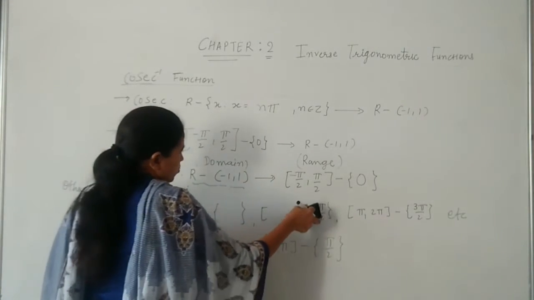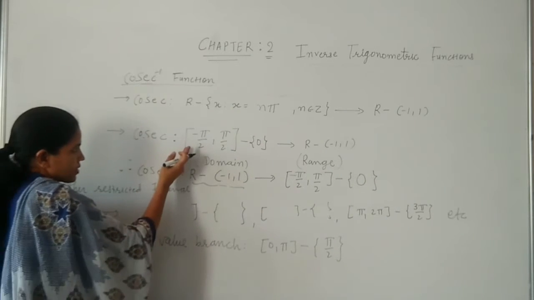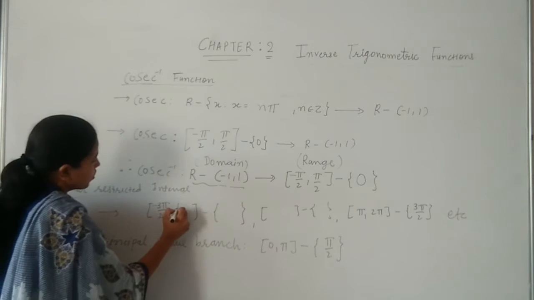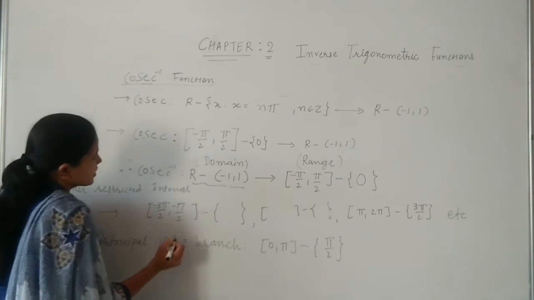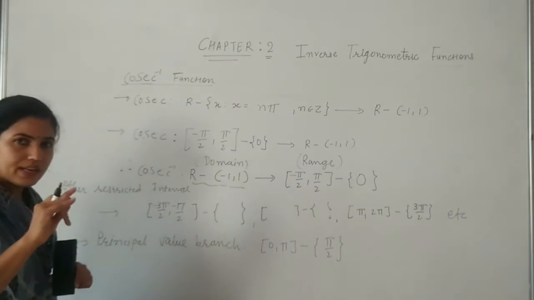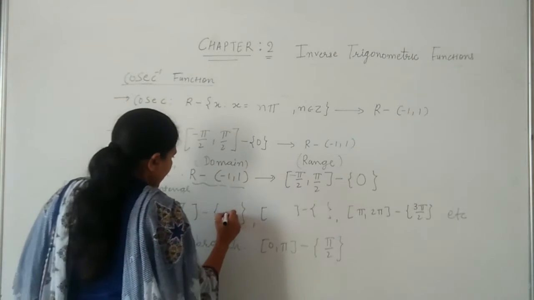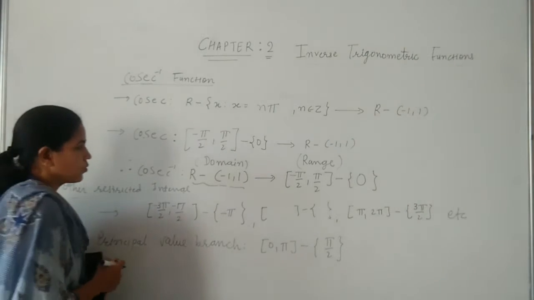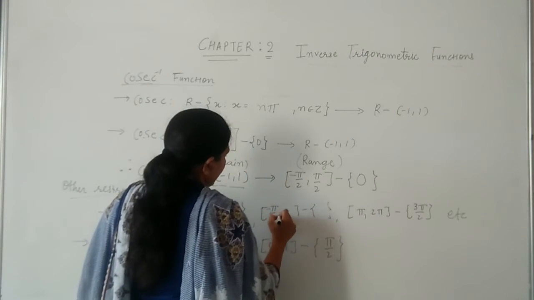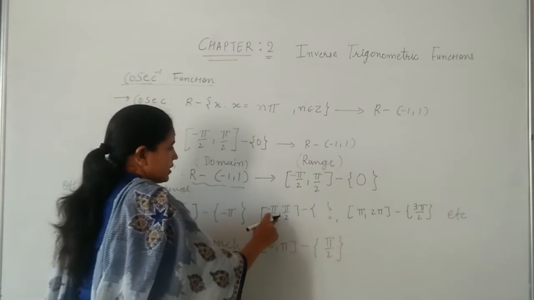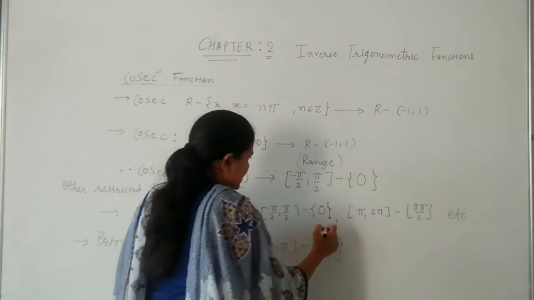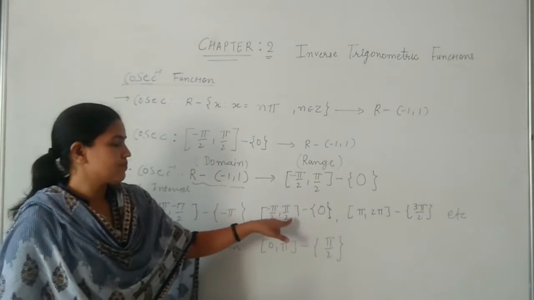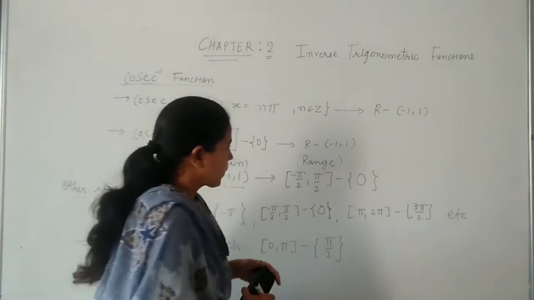First, this is minus pi by 2 to plus pi by 2. If you go further, then it is minus 3 pi by 2 to minus pi by 2. In the interval between minus 3 pi by 2 and minus pi by 2, there is one value, that is minus pi, where sine is 0.